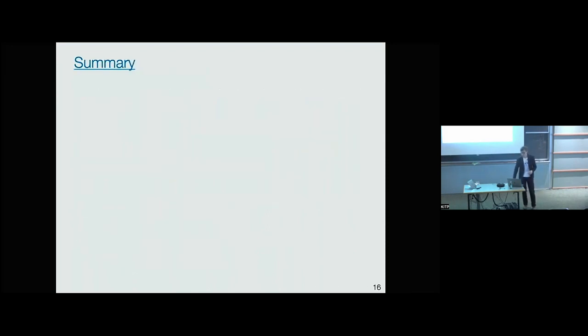Okay, so this brings me to the summary of my talk. In the talk, we were talking about single-shot quantum error correction. This is a different approach to solving the problem of imperfect measurements and how to do robust error correction in such a case.